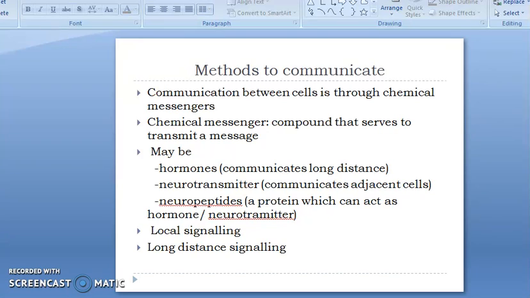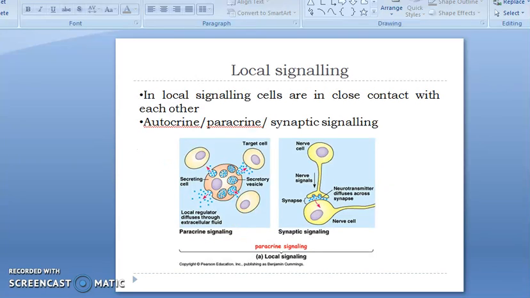Based on the distance of communication, we can classify the signals as local signaling and long distance signaling. In local signaling, the cells are in close contact with each other, and the best examples of local signaling are autocrine signaling, paracrine signaling, and synaptic signaling.